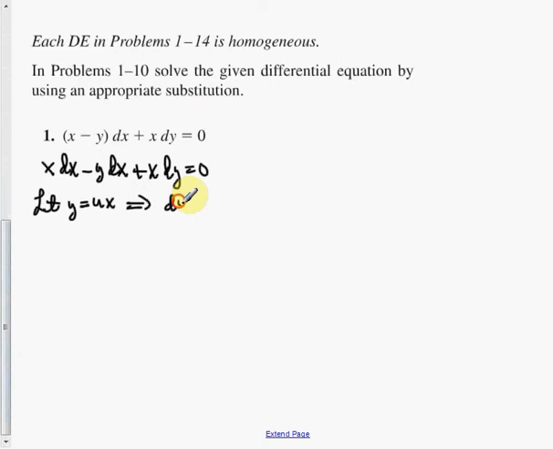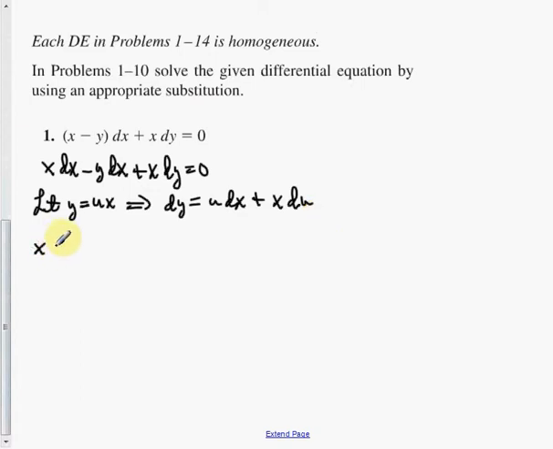So dy is equal to, take the derivative, u dx plus x du. So wherever I have y, I'm going to write ux. Wherever I have dy, I'm going to write the expression u dx plus x du. I get my y's and u's mixed up in my head, but I write the right thing. I may say something stupid, so just pray for me.